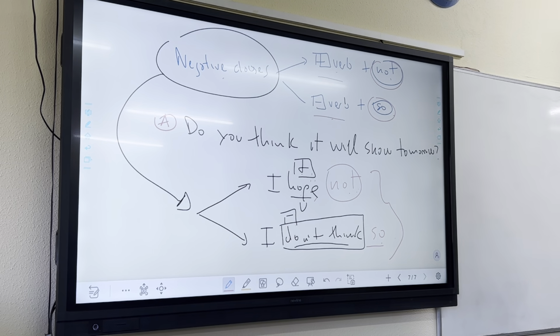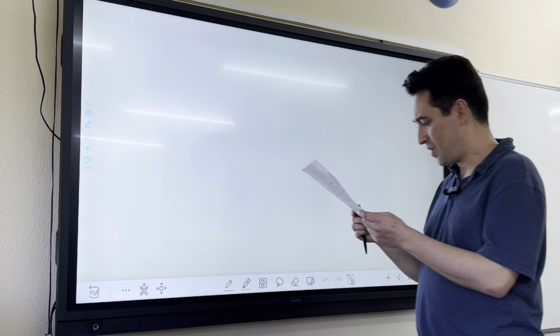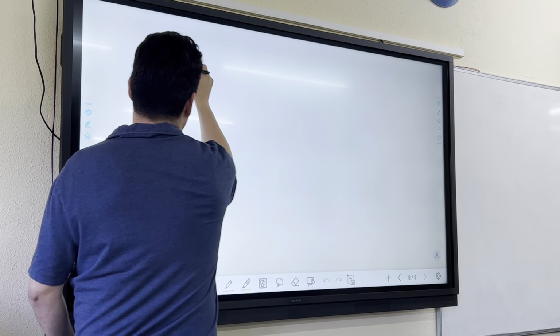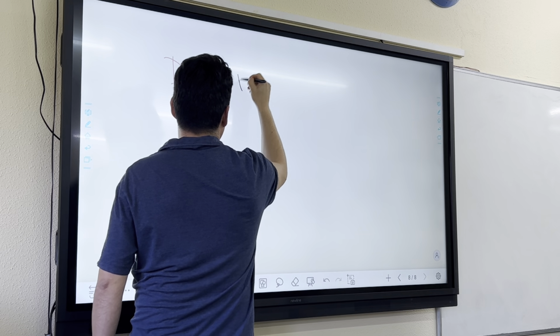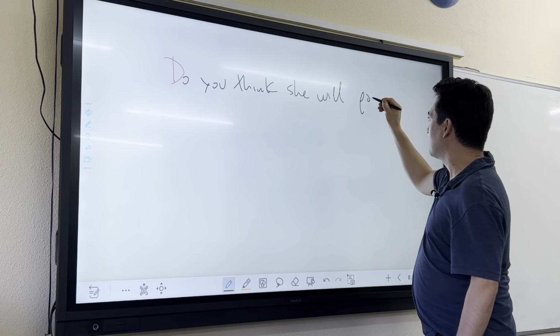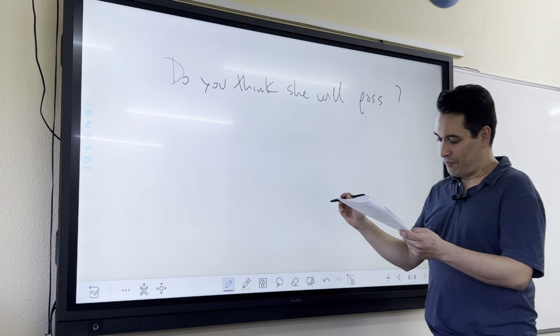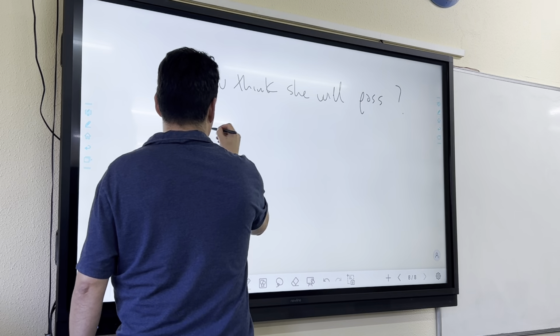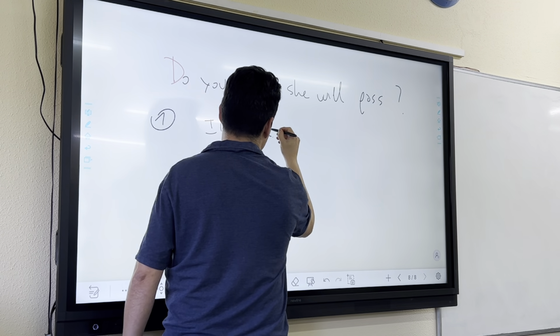I think this is it. Maybe just one more thing. Do you think she will pass? Have a look at this question. Do you think she will pass? I'm afraid she will not pass, okay? This is possibility number one.